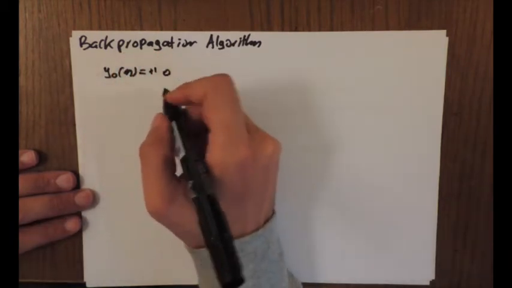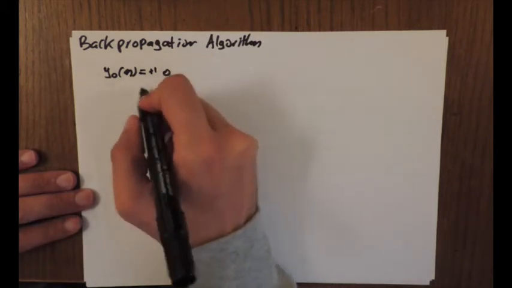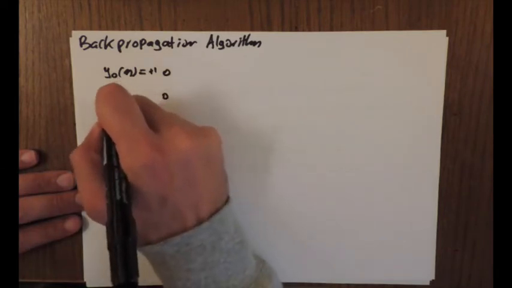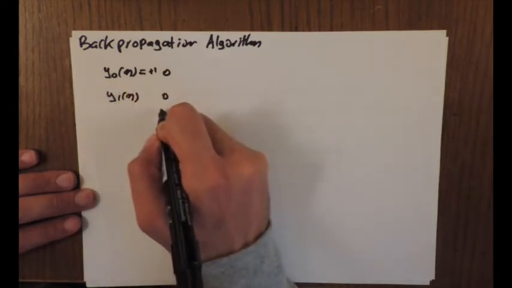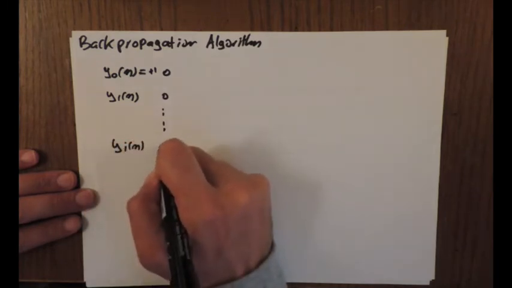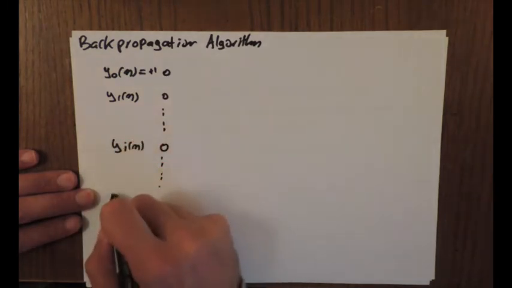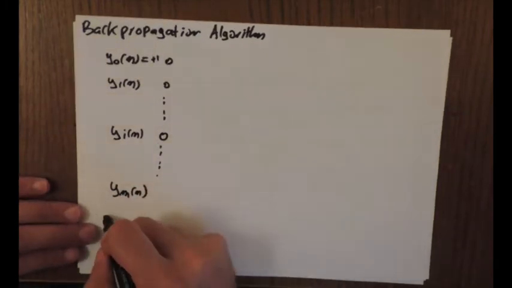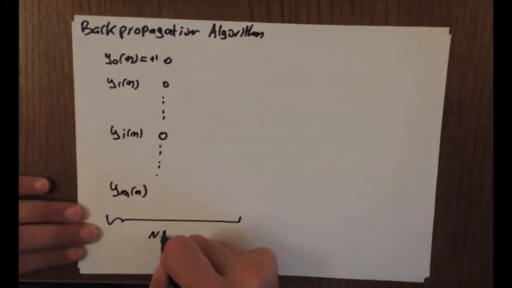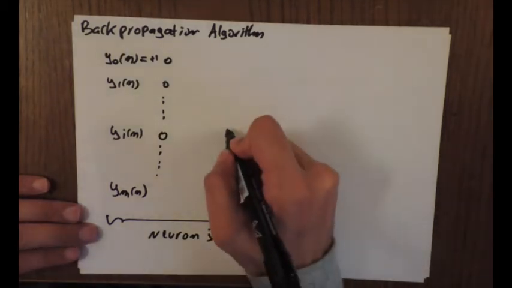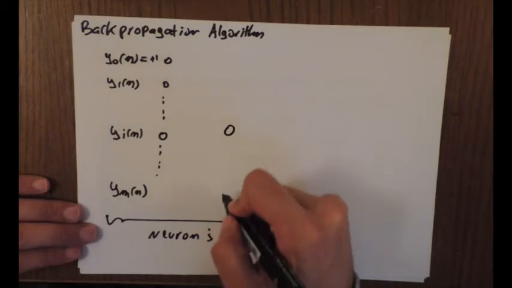This is one of the hidden neurons, and then we have y of 1 of n, then y i of n, all the way to y m of n. Let's say we're discussing neuron j. So of course this is neuron j.